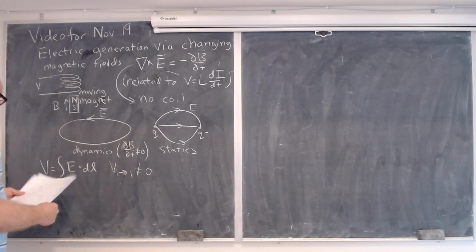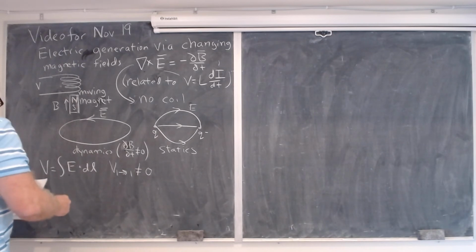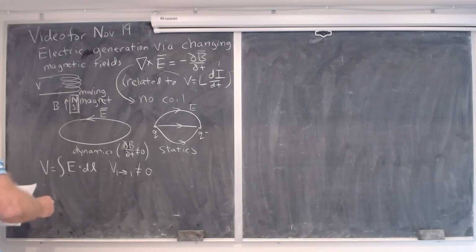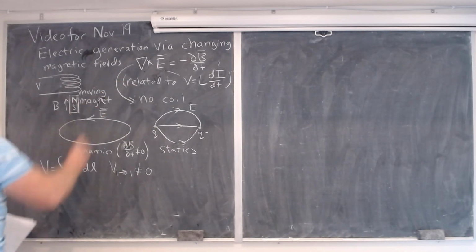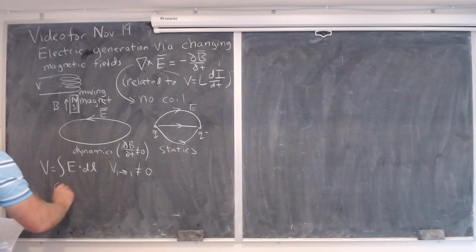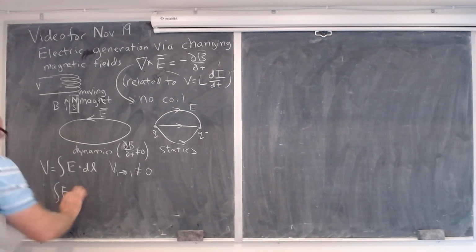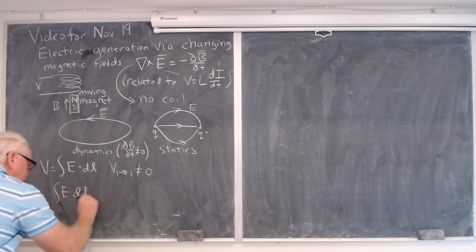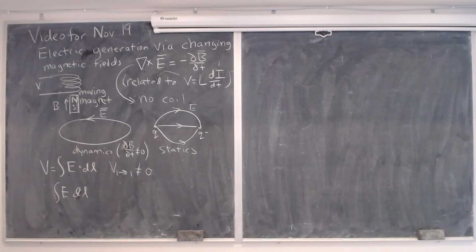Now in the notes, I say that if I take del cross E, take this equation, and perform the integral of E dot dl, those of you that have taken some electromagnetic theory will recognize this as Stokes' law. The derivation is in the book.